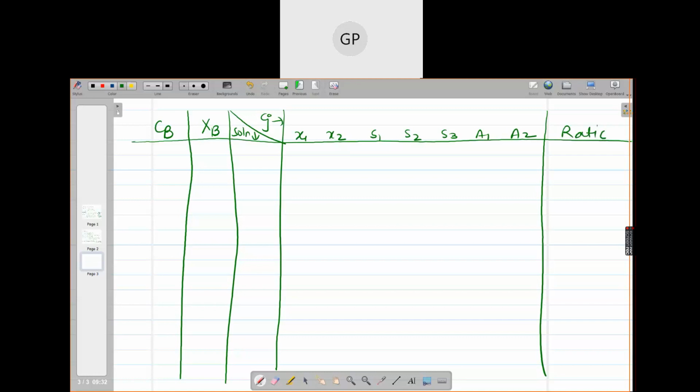This is the ratio column. Cj values 4, 3, 0, 0, 0, minus M, minus M. Basic variables s1, a1, a2. s1 is 50. What should I write here?